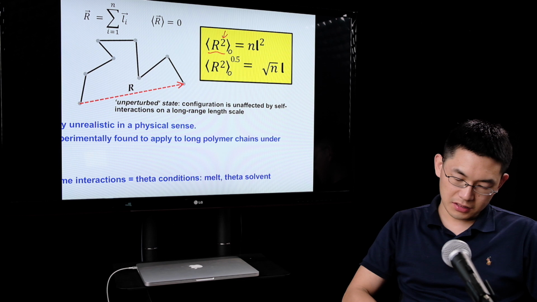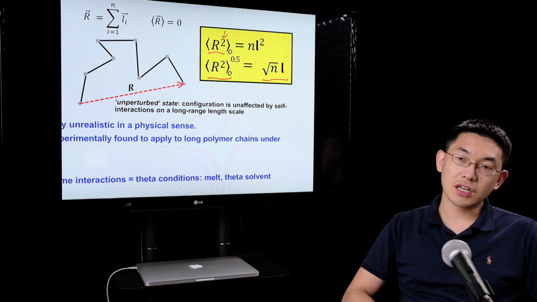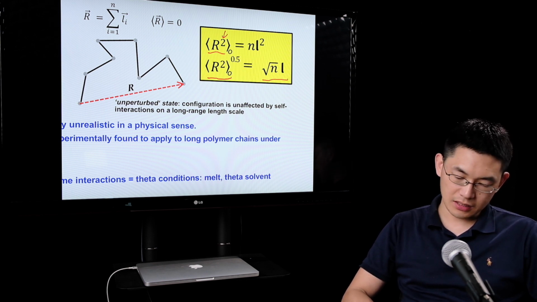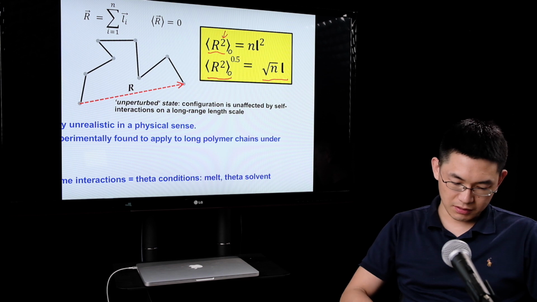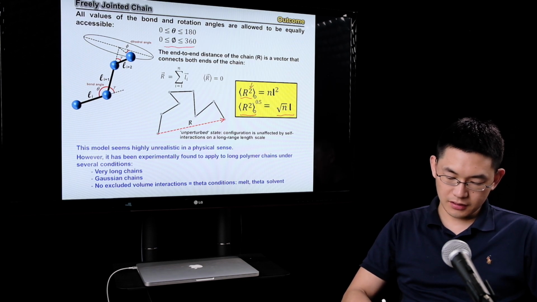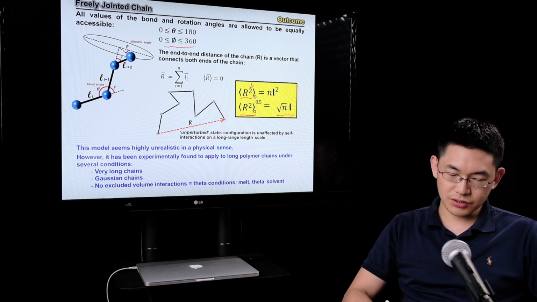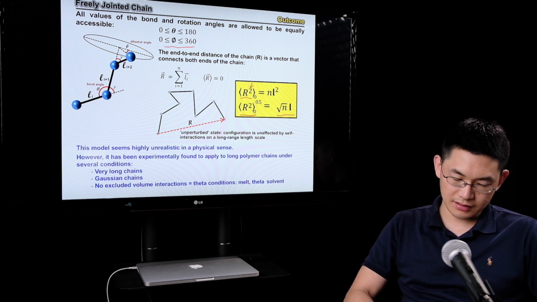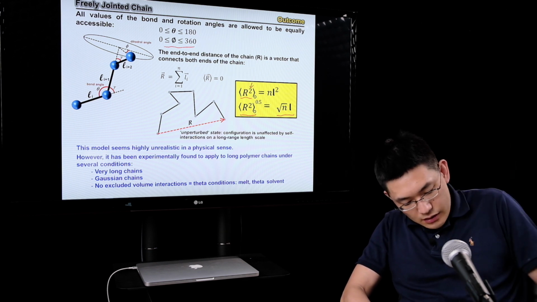So if you only want to know the end-to-end distance, you need to take a square root of the previous term. So this tells you in the free joint chain, again, like we mentioned in the last lecture, it will be equal to the number of bonds, take a square root, multiplied by length L. If you compare this again to the contour length, as you can see, this value is much lower.